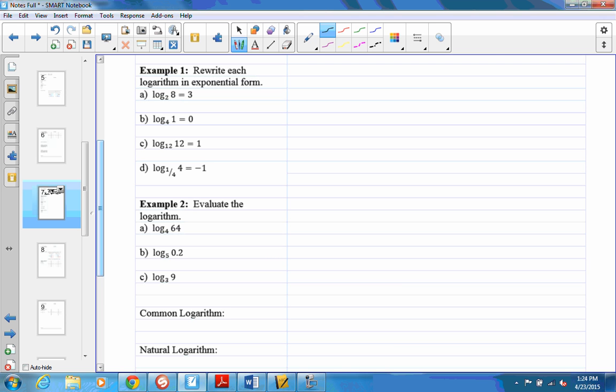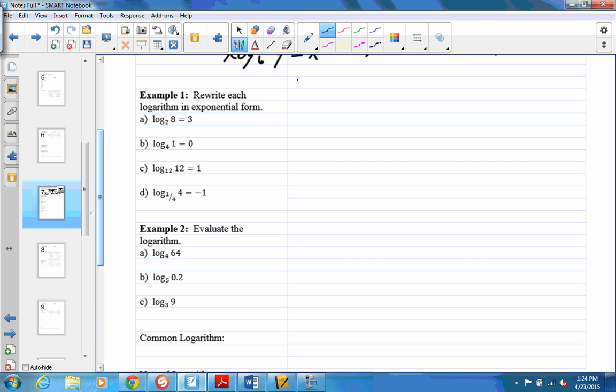So what I'm doing with a logarithm, right? If I have log base b of y equals x, and I want to change that to exponential form, b is still my base, so that stays the same.